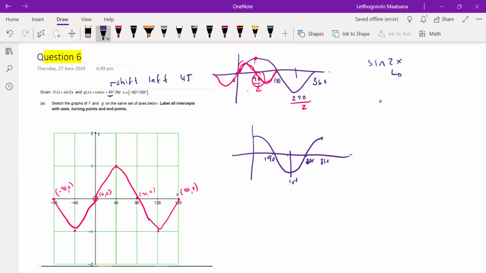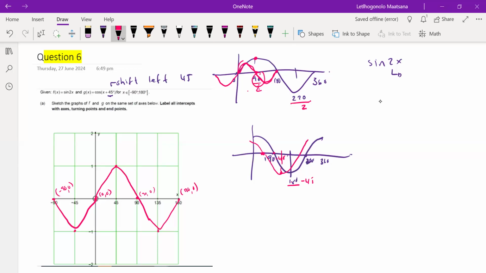So literally everything here is going to move back by 45. So this point that used to be at 90 minus 45 would now be at 45, just cutting through there. And same here, that was at 180 and is now at 135, because we're going to say minus 45. So at 135, that's where we're now going to have our minimum. Everything is going to shift to the left by 45 degrees.